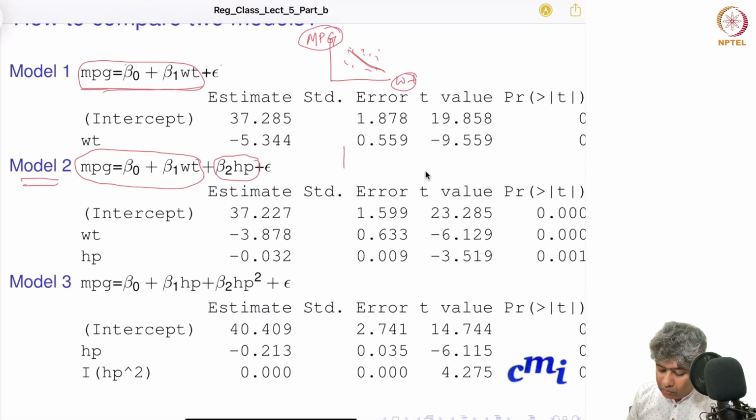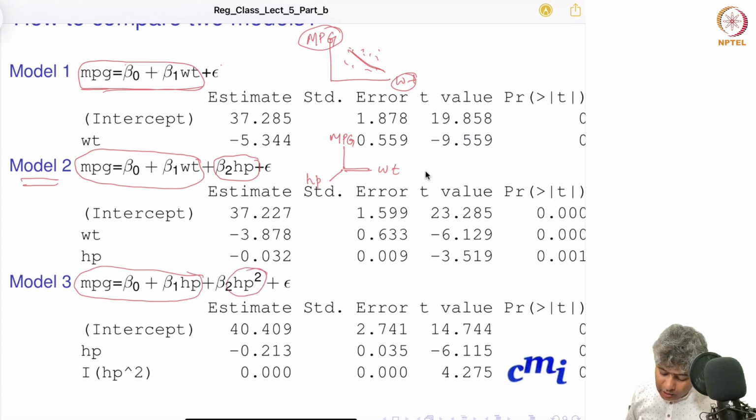So it is going to be something like this: on one axis you are putting weight, on another axis you are putting horsepower, and on another axis you are putting miles per gallon. Okay, so this is the second model, and the third model is you are considering horsepower and horsepower square.